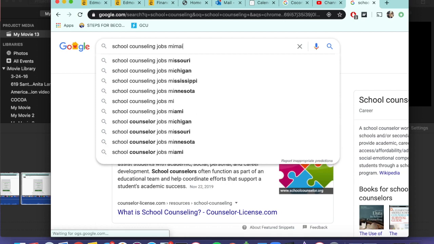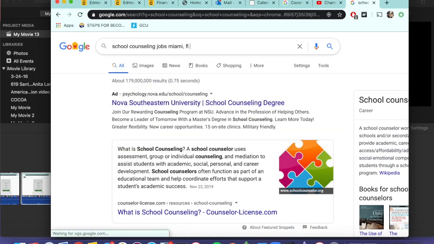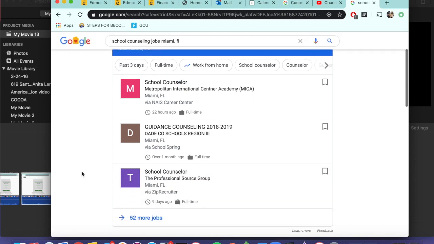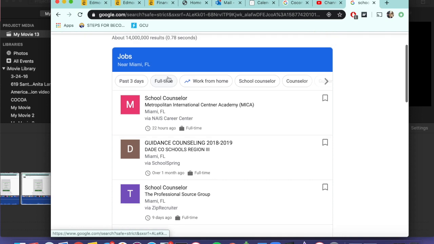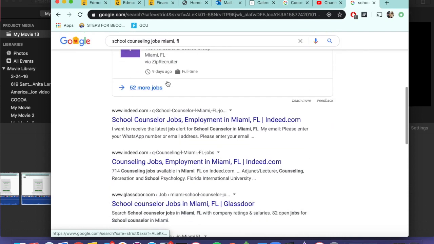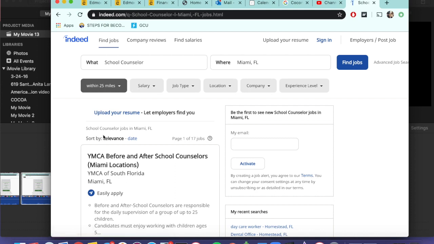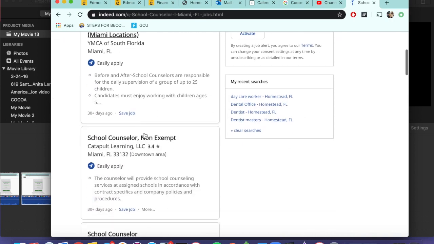We're going to put Miami, Florida, because you can pick from Miami-Dade County, Broward County, or Monroe County. I Googled it, but another way is to go to Indeed.com or Glassdoor. Glassdoor is really good because it shows you the average, and then you can look for job positions through there. So I'm going to go to school counselor.